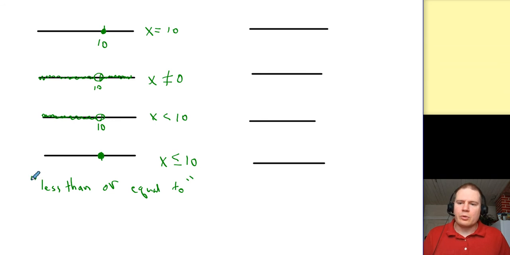And so in our regular algebraic notation, we indicate that with a less than symbol and half of an equal sign underneath it to show that all of this counts. Now this doesn't stop where my number line stops. Or if I put a scale on here, 9, 8, 7, 6, 5, 4, I'm not stopping at 4. I am going on forever. This one goes on to positive infinity as well. So those are our options there.